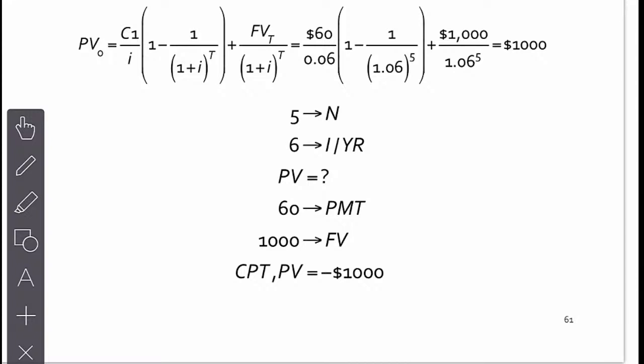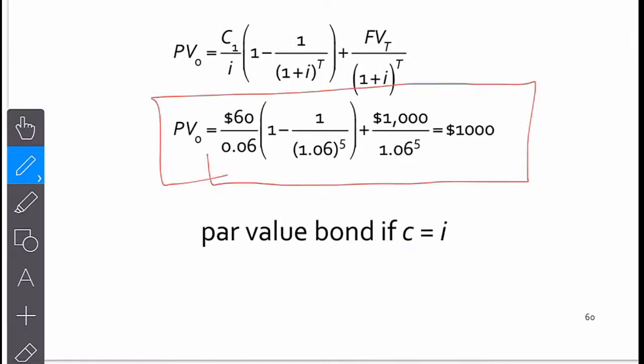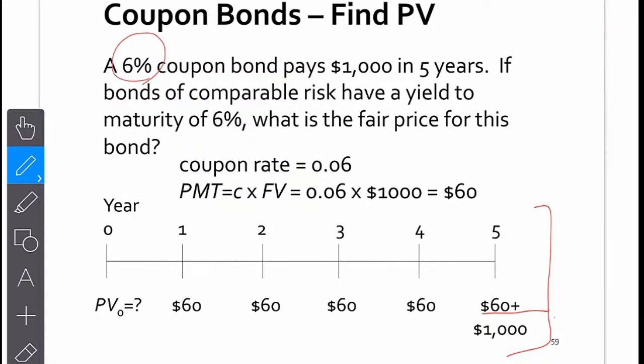Everyone's got that? So now think a little about your result. If you were looking at buying this bond, you're going to pay 1,000 to receive 1,000 in 5 periods. So you're spending 1,000 to get 1,000.